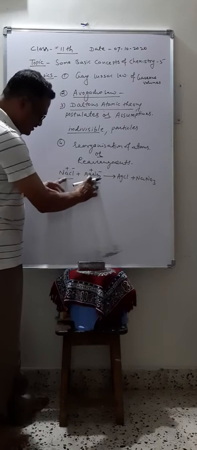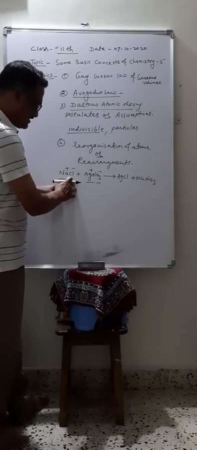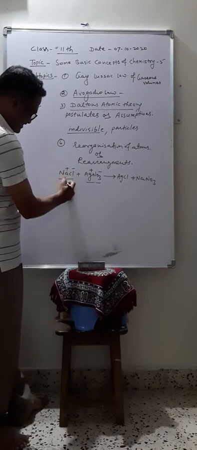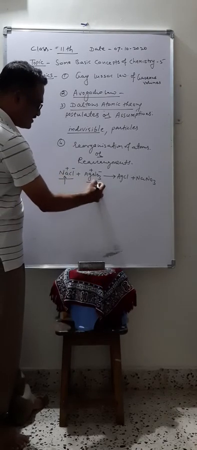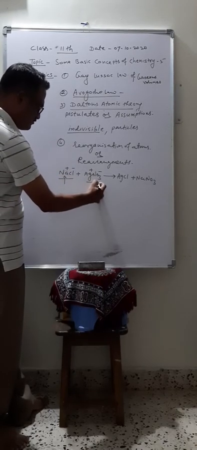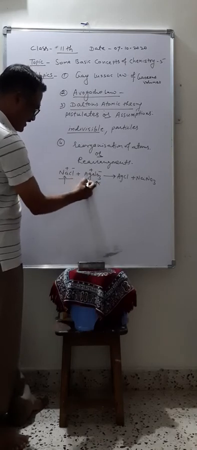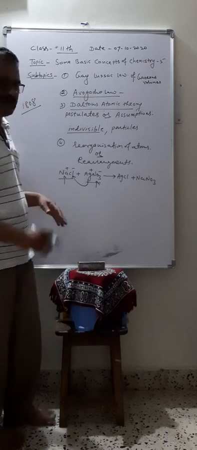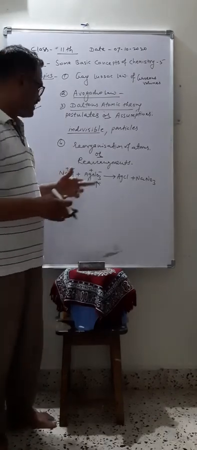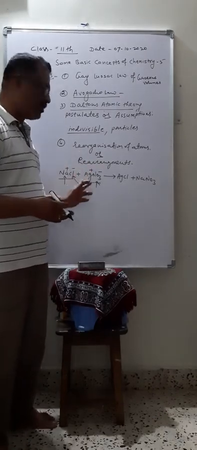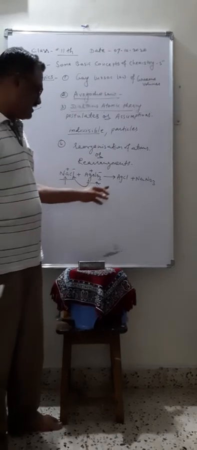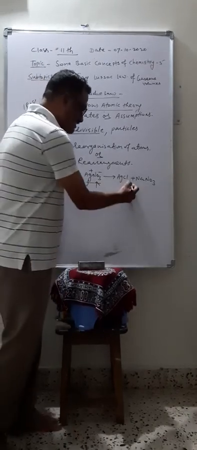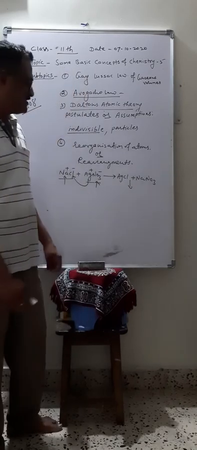Now when these two substances take part in the chemical reaction, then the positively charged radical of this substance combines with negatively charged radical of this substance, and positive radical of this substance combines with negatively charged radical of this substance. Means in this way the reorganization or rearrangement of radicals take place, and then we get the new products. This is silver chloride. Here you will get the precipitate of silver chloride.